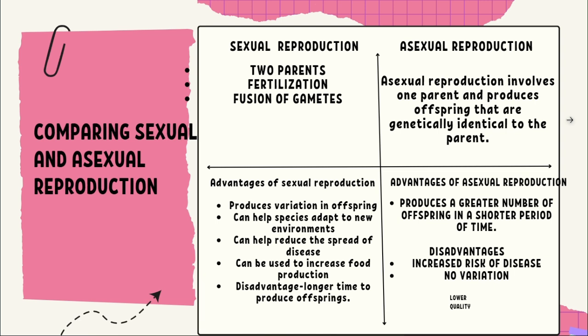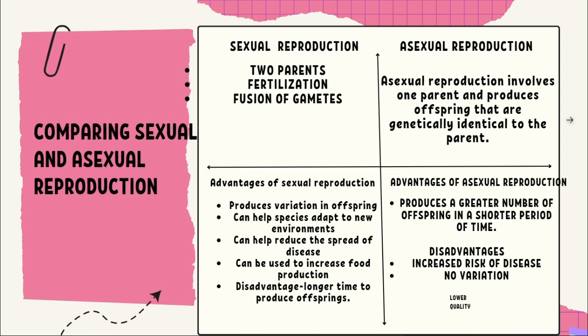It helps the species adapt to new environments, helps reduce the spread of disease, and can be used to increase food production. The disadvantage of sexual reproduction is that it takes a longer time to produce offspring.